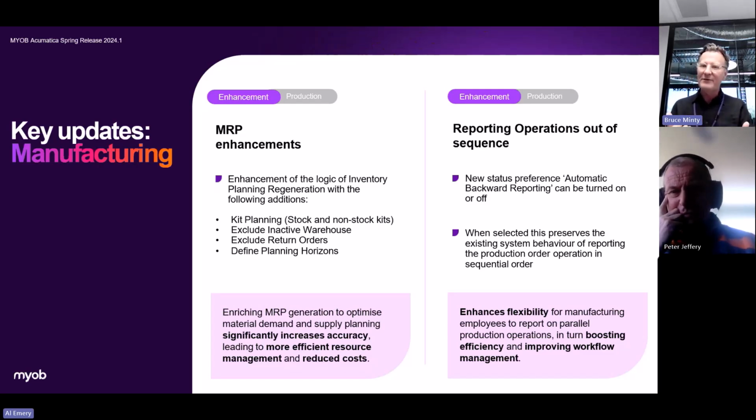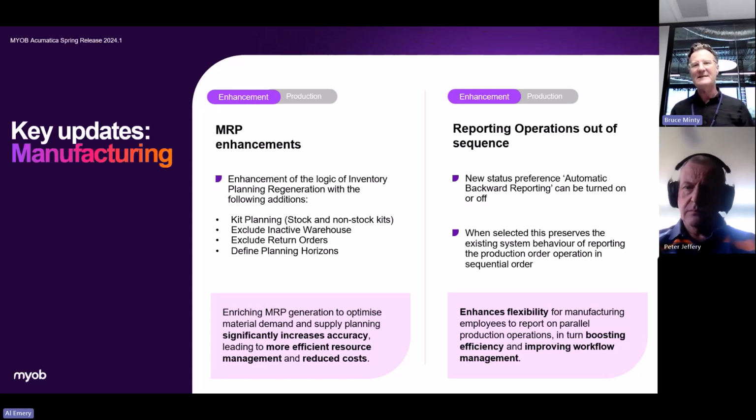Now, for whatever reason, there's obviously a need for customers to have more flexibility around that. So you've now got the choice to cater for more real life scenarios where you may want to do the last operation first, for instance, and keep the prior operations open because you want someone to actually manually perform a move transaction or a production feedback against those operations to track your actual times against your planned times, and get those variances.